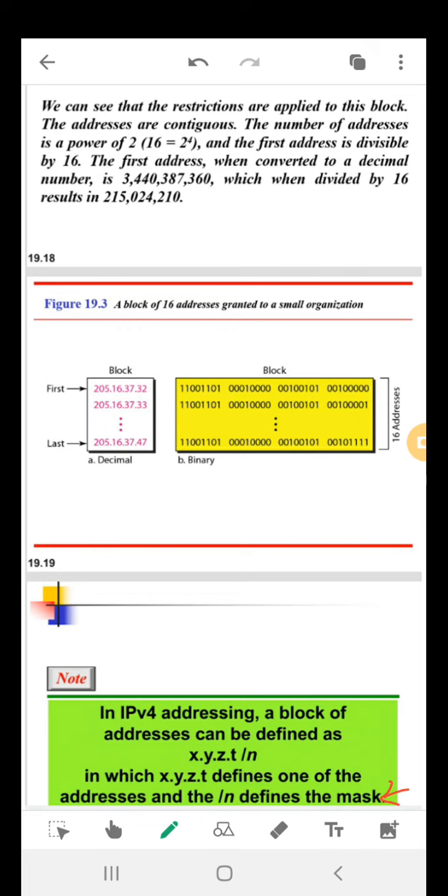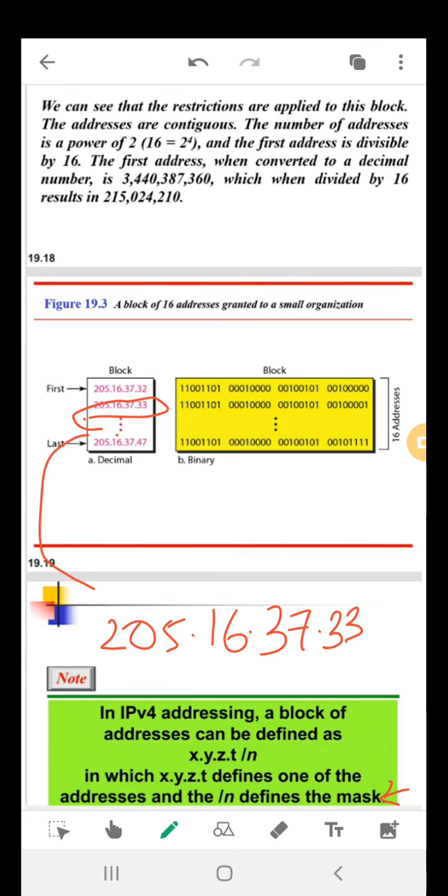So whenever we talk about any IP address, we also have to write its corresponding mask address. Like for example, if I write 205.16.37.32, this is one of my IP addresses.